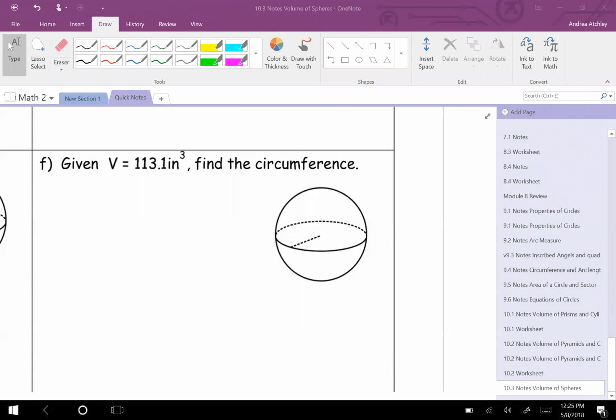Most of us came up with the radius, but let's go over it one more time. It should have been 113.1 equals 4/3 pi r cubed. I'm going to multiply by the reciprocal.